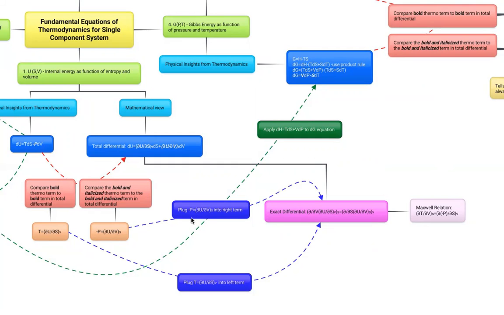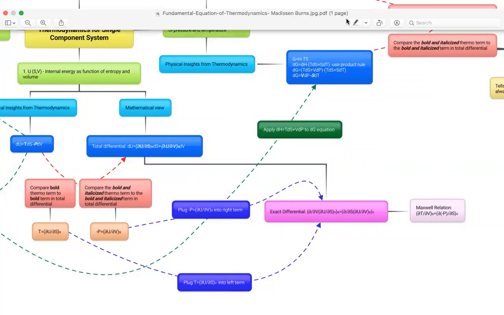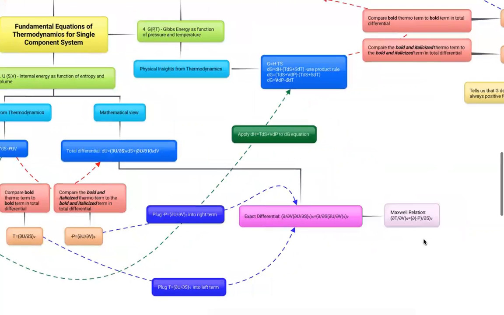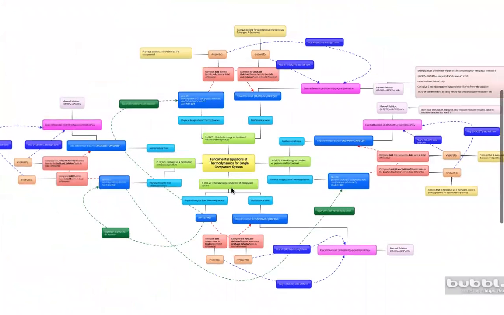I'm plugging negative P into the right term of the exact differential and T into the left term to get a Maxwell relation, which is represented in this light pink bubble. So that was walking through internal energy.